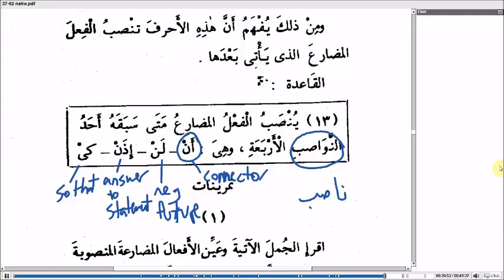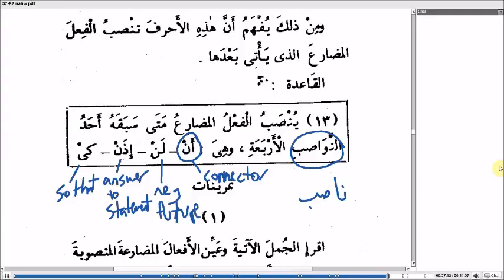They're called mabni. Mabni, they don't change. It's always going to be what it is. The past tense verb is always going to be what it is no matter what's before it, as well as the command verb.